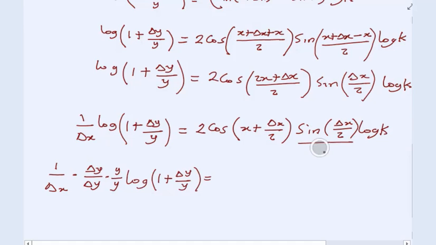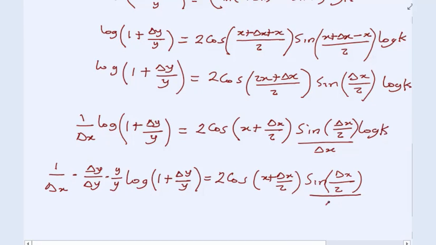So this is all over delta s. So this is equal to 2 cos of (s plus delta s over 2) sine delta s over 2 all over delta s log k.